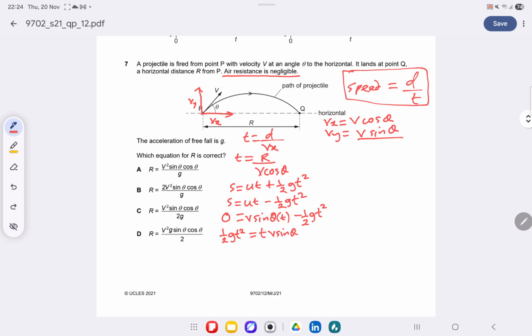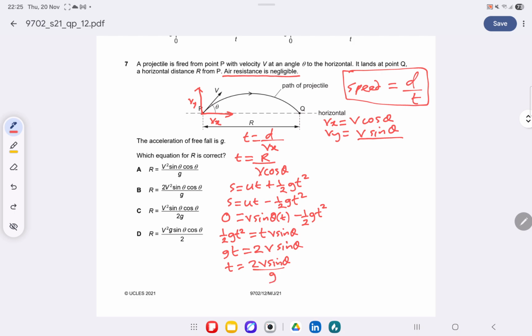I can cancel one of my t's and then multiply through by 2. So that will give me gt equal to 2V sine theta. Like I said, we are also going to make t the subject. So if I make t the subject, I'm going to get 2V sine theta over g.